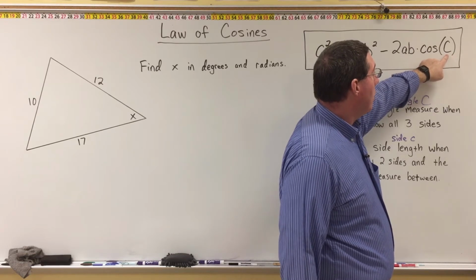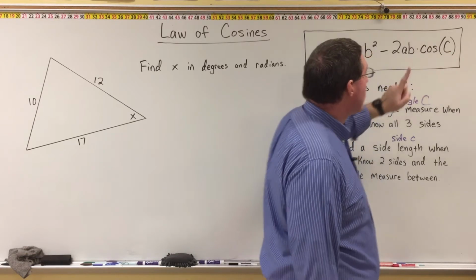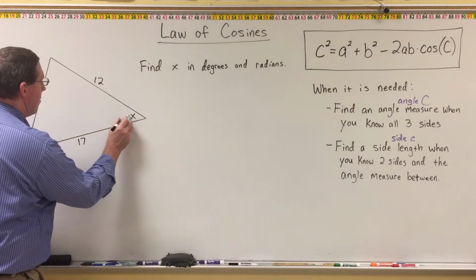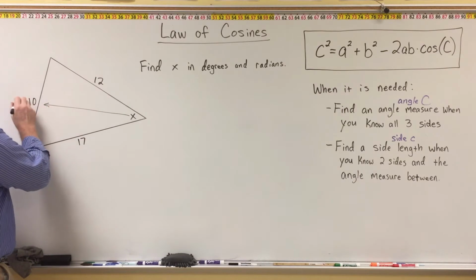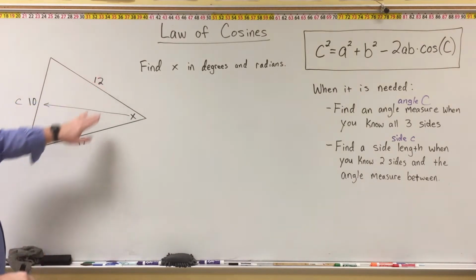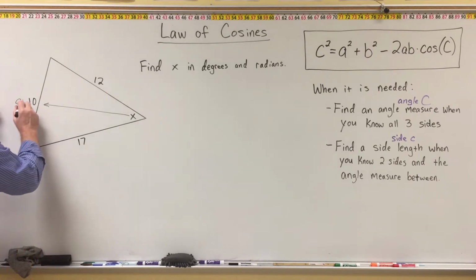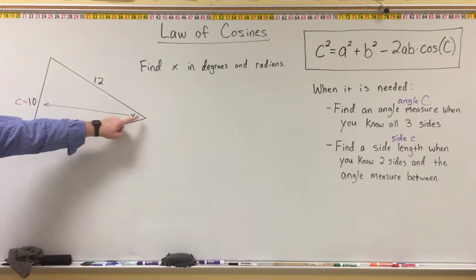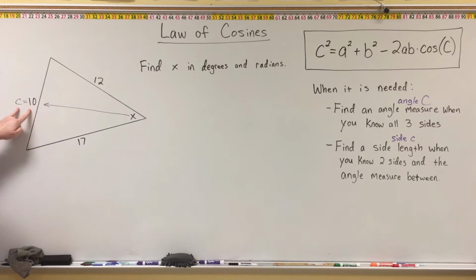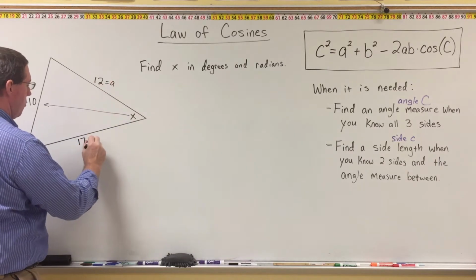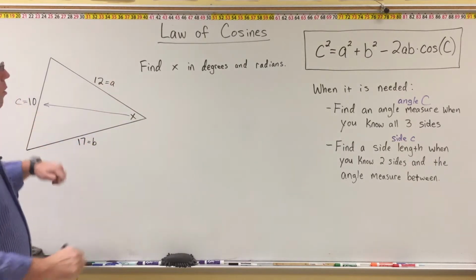And what's important is that whatever side is opposite of that has to be side C. Now, it doesn't matter which of these two is A and B. That doesn't matter at all. What does matter is that the side that is opposite of the angle has to be side C, okay? So we're going to call this one C, and then let's call this one A, and we'll call this one B.